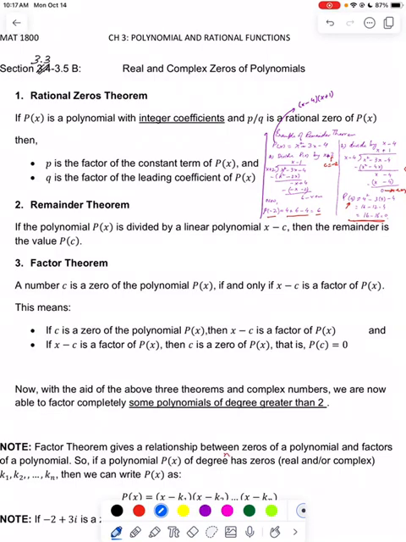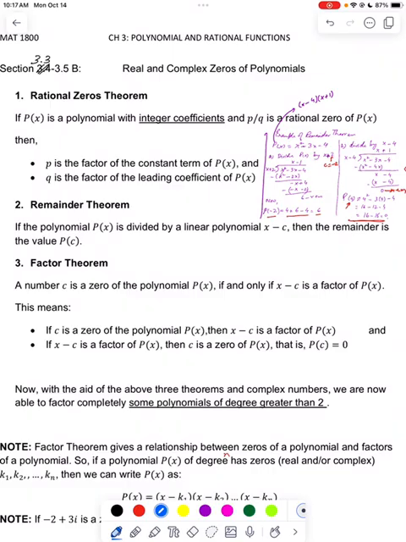Hello. Today we discuss these three theorems and move on with the factoring of polynomials and finding zeros. Previously, we have been discussing polynomials, basic things with the polynomials, zeros, multiplicity of zeros, and things like that.